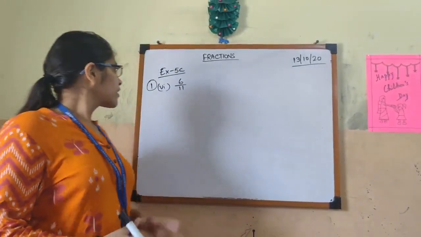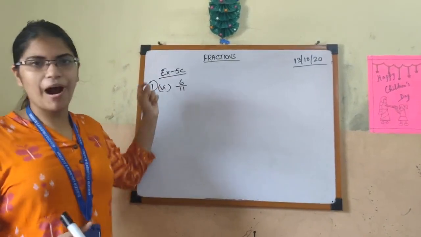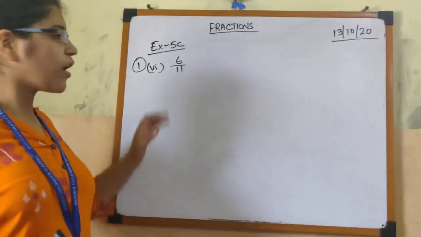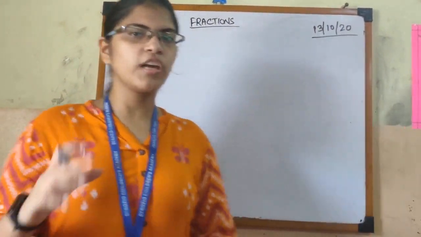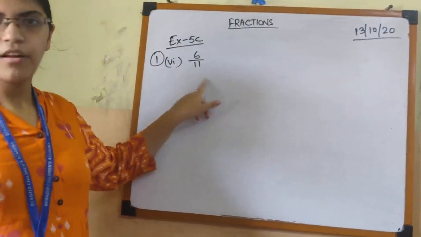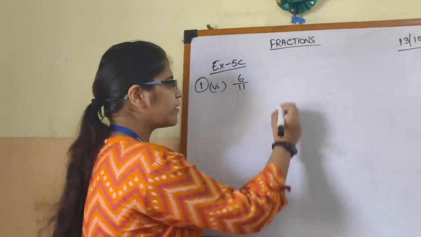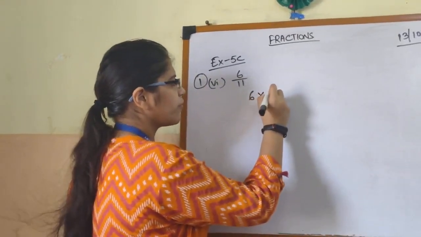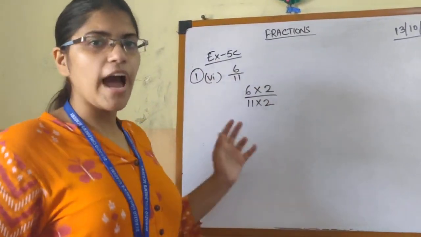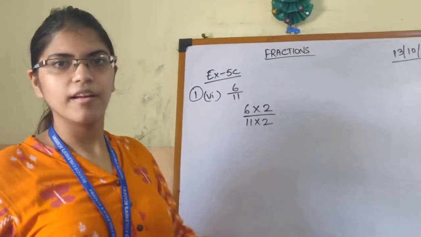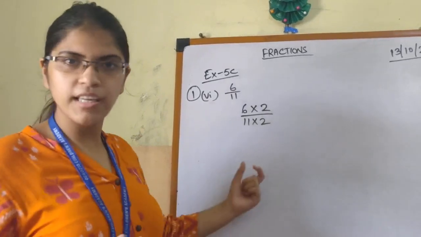The exercise I have taken is sum number 1 part 6. It says that you have to find 5 equivalent fractions of the given fraction. Here the given fraction is 6 by 11. To find 5 equivalent fractions, first we can multiply with 2. Remember, we always start with 2 because that makes our multiplication easier.